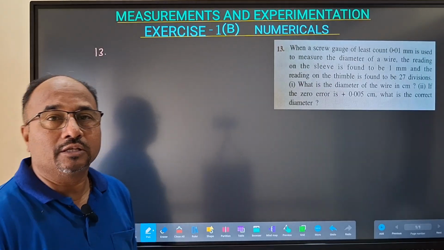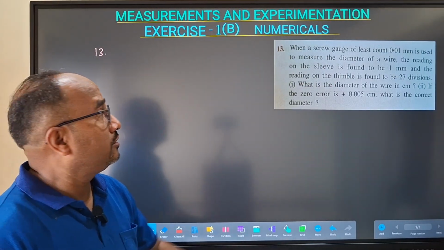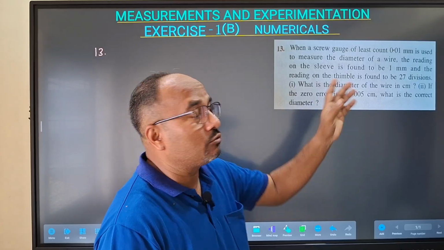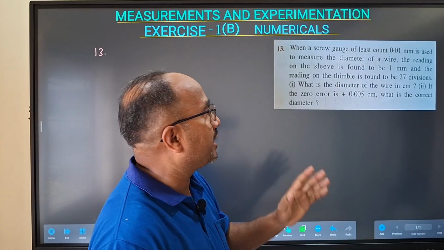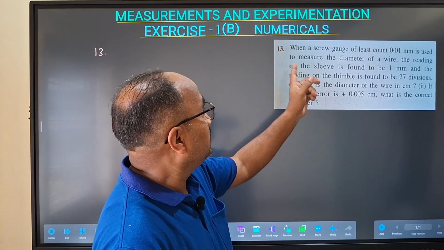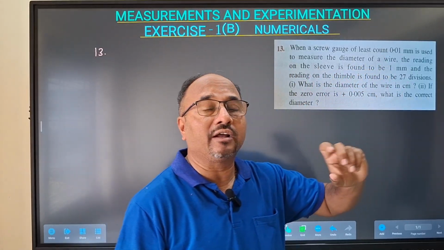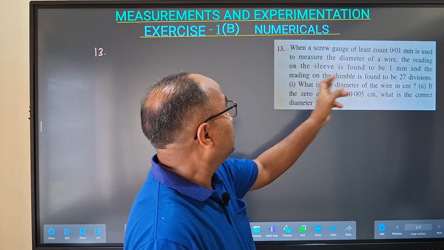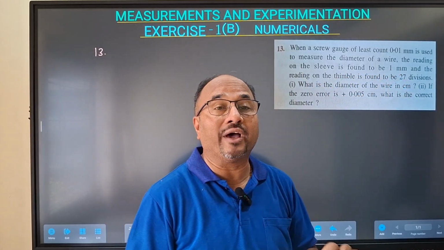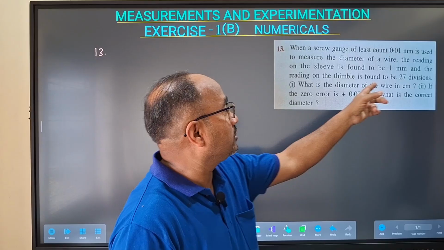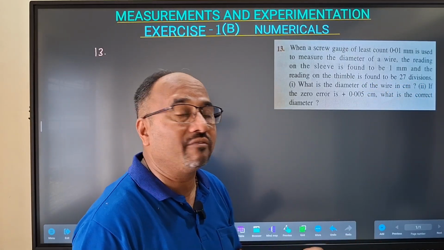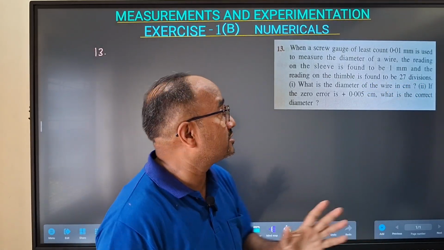So let's begin this number 13 numerical. A screw gauge of least count 0.01 millimeter, so the least count is given to you directly, that makes your sums easier, is used to measure the diameter of a wire. The reading on the sleeve is found to be 1 millimeter, that is your main scale reading. And the reading on the thimble is found to be 27 divisions, that is your circular scale reading.